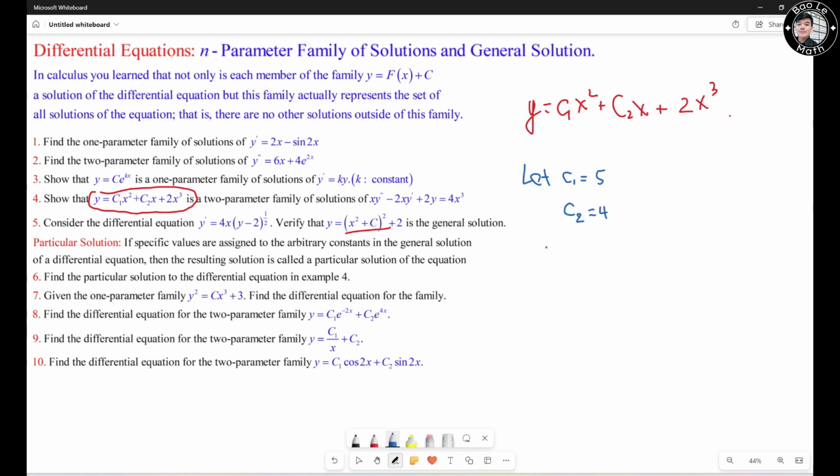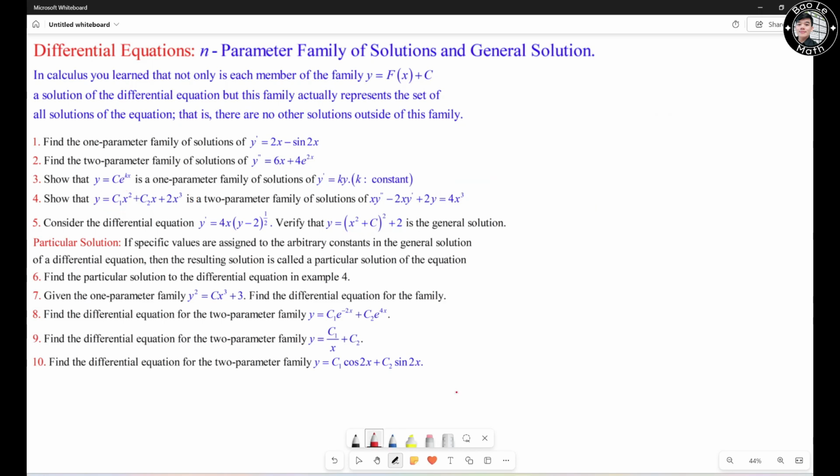I substitute back over here, so I have y equals 5s squared plus 4s plus 2s cubed. This is a particular solution to the differential equation right here. We have infinitely many particular solutions to the differential equation, and this is the general solution.